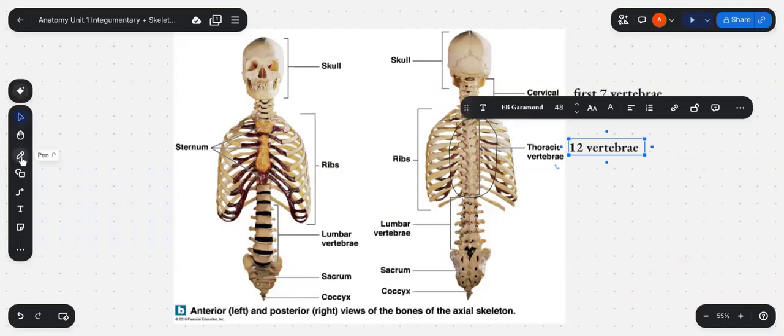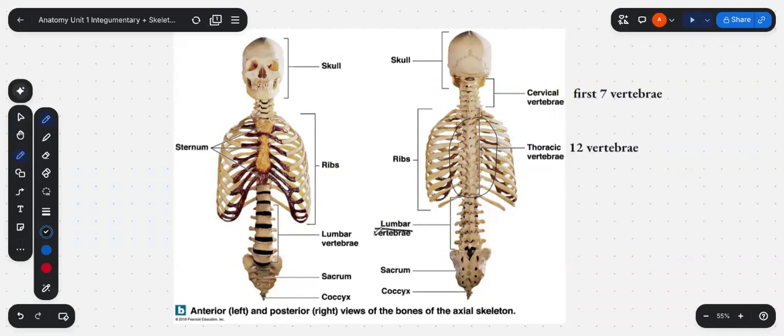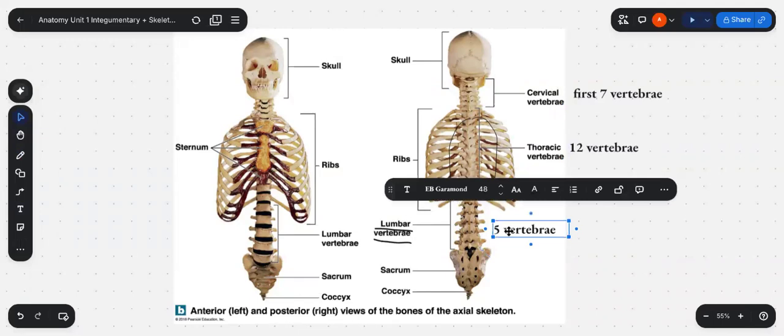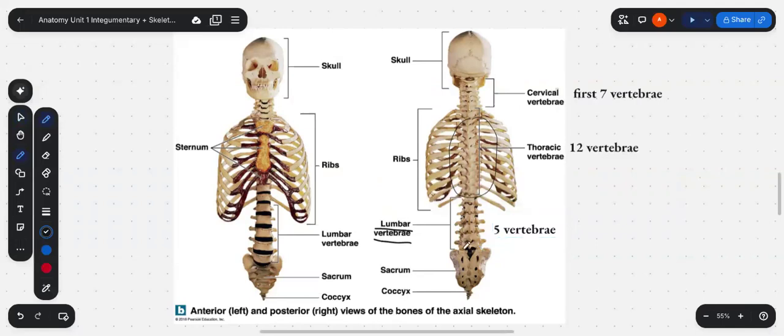And then finally, you have your lumbar vertebrae. They put the spelling over here on the other side. Lumbar vertebrae is your lower back. I kind of covered this in the last video, and it is where they give your lumbar punctures, but 5 vertebrae. Then you have fused vertebrae, which comes in your sacrum and your coccyx. Your sacrum is going to be this big plate over here of vertebrae that has these tiny little holes in it that you can kind of see over here.